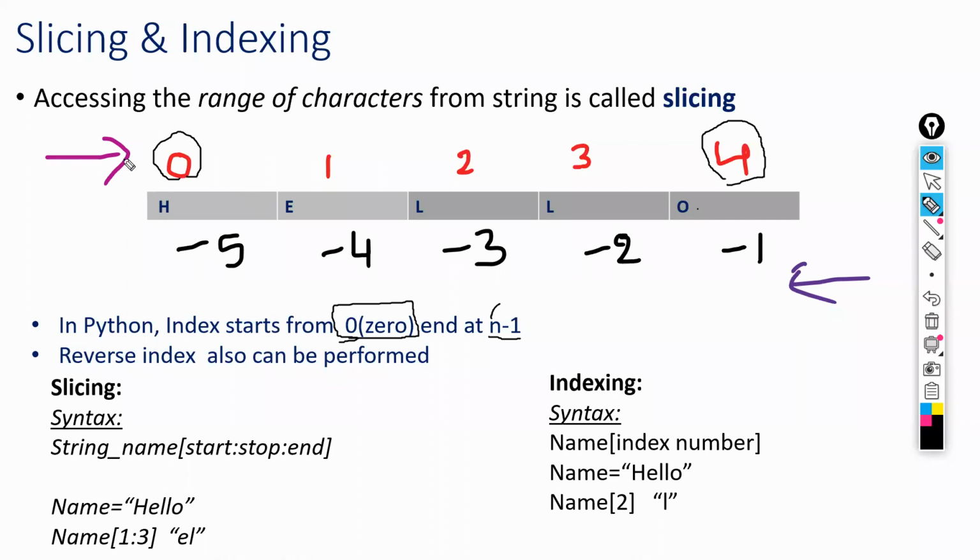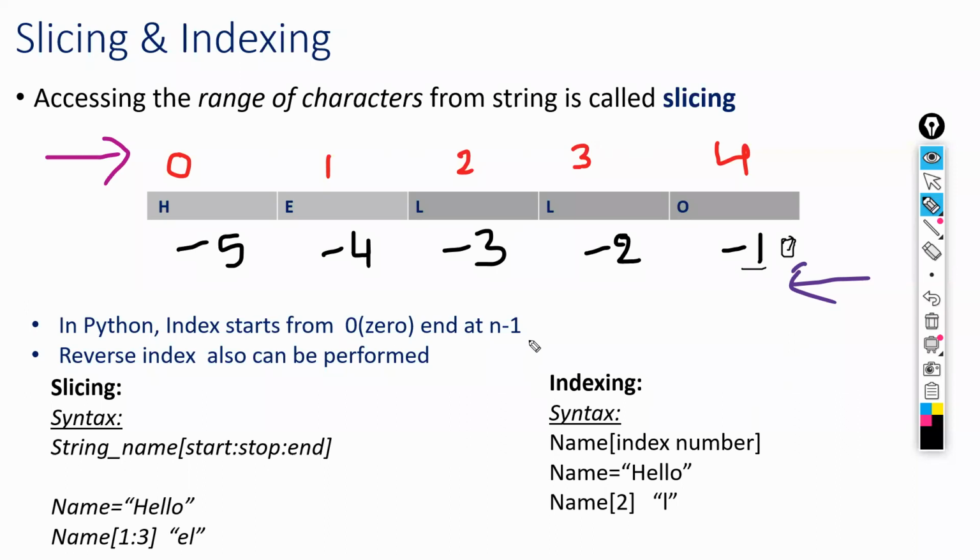Now, this is the forward direction, from 0 to 4. If I want to access in reverse order, the reverse order starts from -1 and goes on to -n. Why is it not starting from 0?